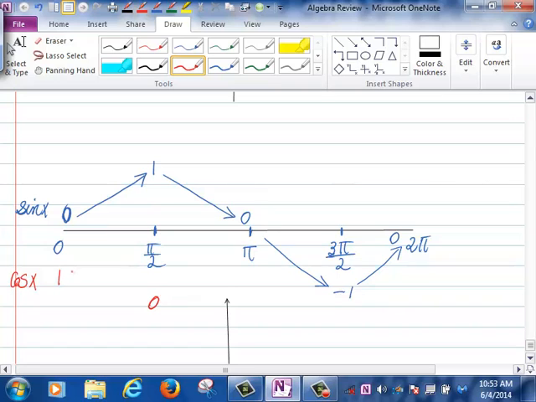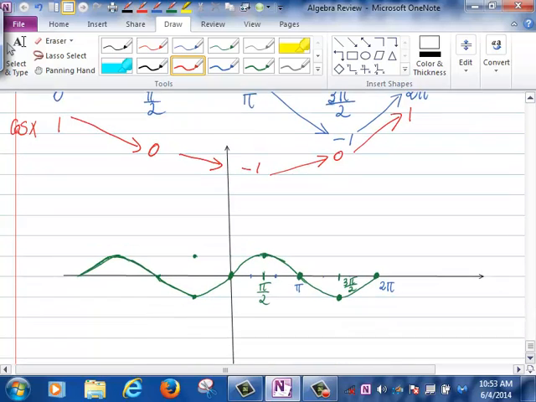So it decreases up to 0. And then what's the cosine value at pi? Negative 1. So that means it's decreasing even more, right? And then between pi and 3 pi over 2, it goes up to 0. And then here it goes up to what? 1. So use that to come up with the graph.